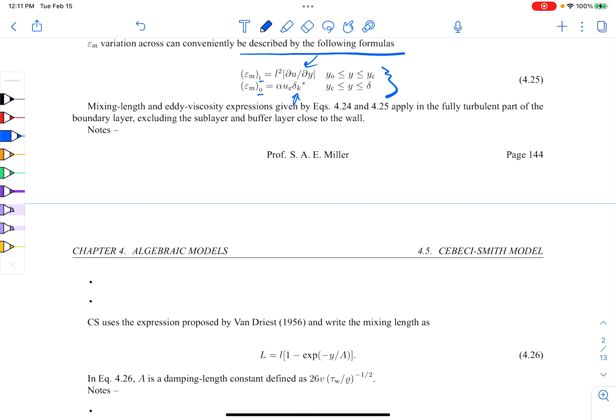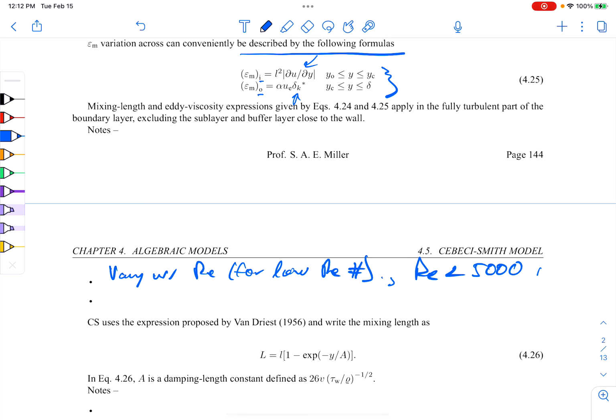So some notes about these equations. They vary with Reynolds number for a low Reynolds number, especially when Re is less than, I don't know, about 5,000 for boundary layers, which is pretty low.